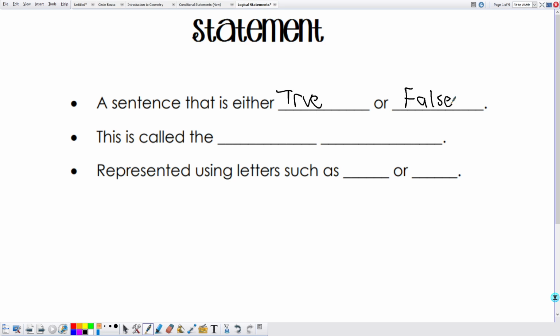So, whenever you have a statement, it's assigned to either of two values, true or false. Whatever that value is, it's called its truth value. And in logic, we represent statements with letters, kind of like in algebra, how you use X and Y. Usually we use the letters P or Q, or a lot of times even R. Those tend to be the three main ones.